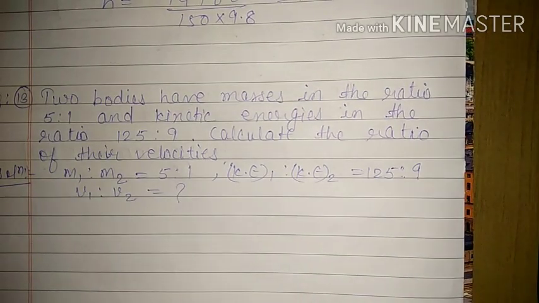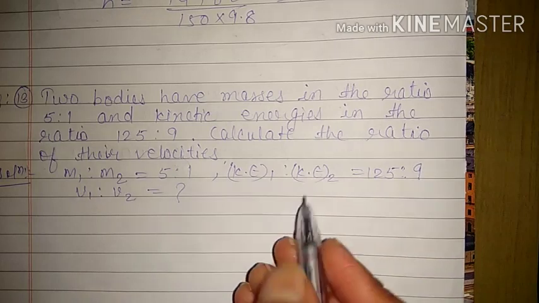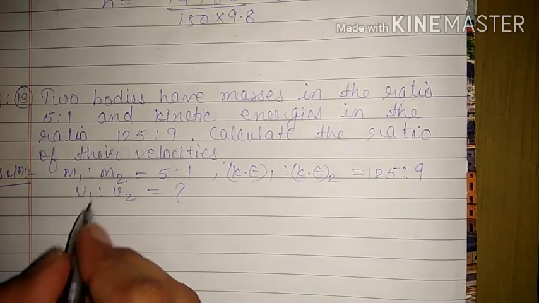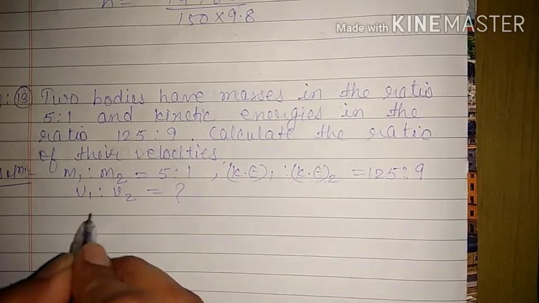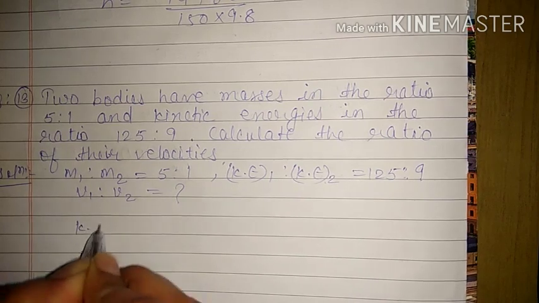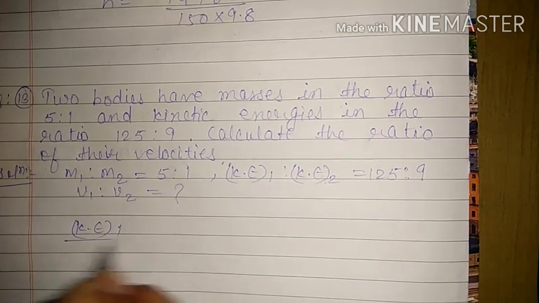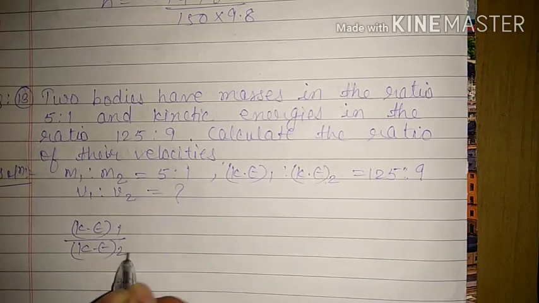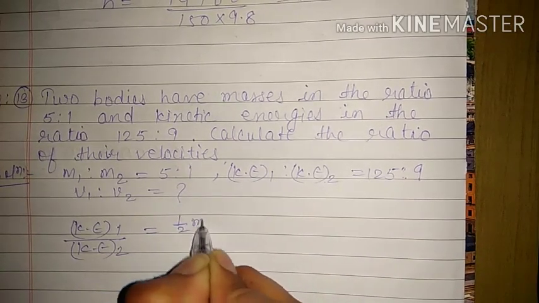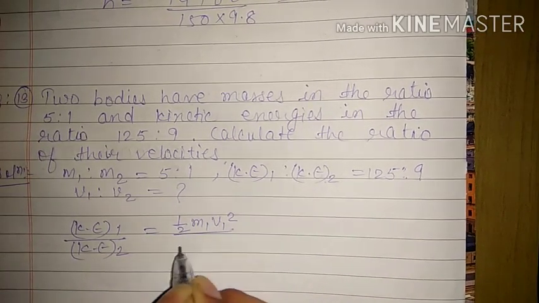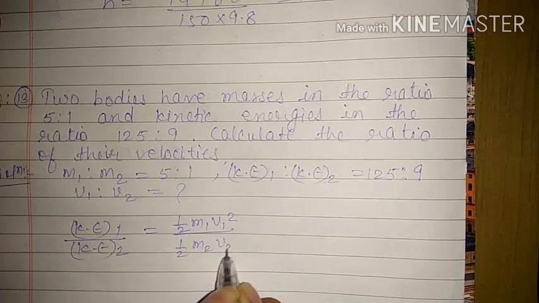This is our question. Since we have to make use of kinetic energy and we want a ratio, we will write kinetic energy 1 upon kinetic energy 2 is equal to half m1 v1 square upon half m2 v2 square.